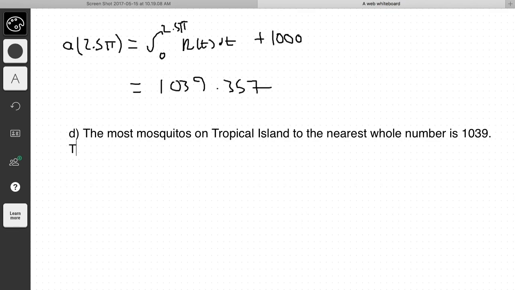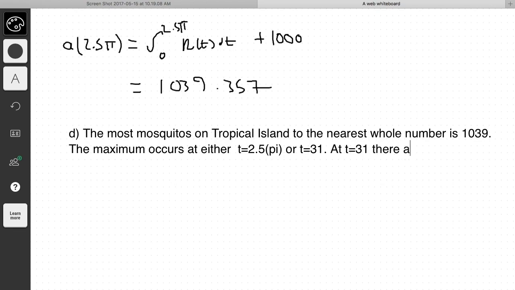The maximum occurs at either t equals 2.5 pi or t equals 31. At t equals 31, there are 964 mosquitoes.